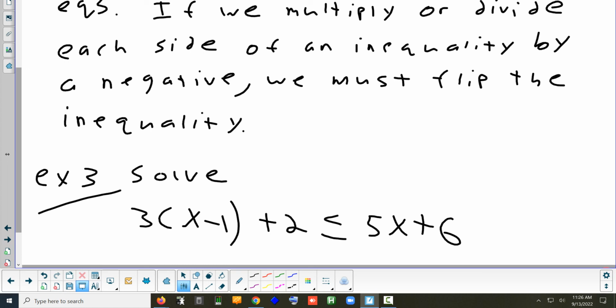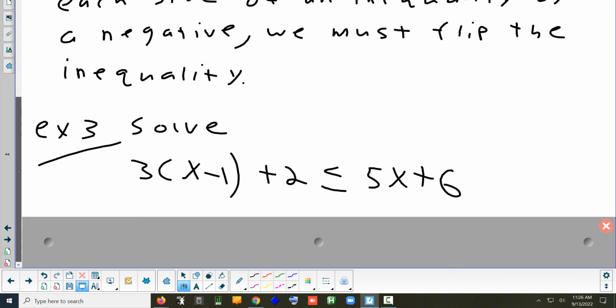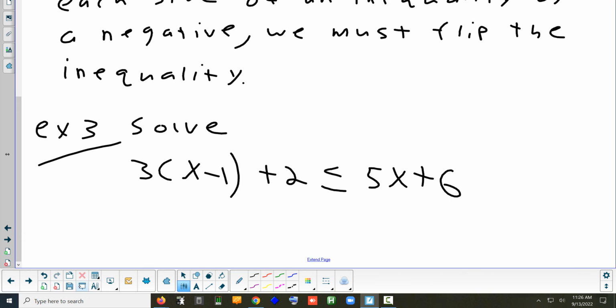Wouldn't you times 3 by x and 3 by negative 1? Yep, exactly. And what do you get when you distribute that out? 3x minus 3. But we can combine the minus 3 with the plus 2. Minus 1. So let's just do minus 1 all in one step, less than or equal to 5x plus 6.